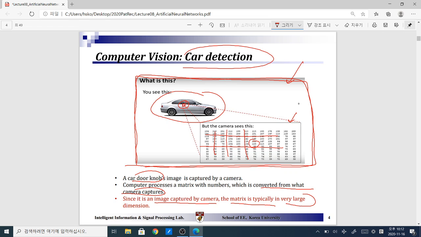As a matter of fact, with today's technology, even with our smartphones, the number of pixels we're hearing about these days is over 100 million pixels.